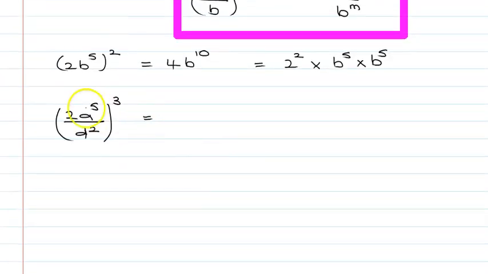So let's do the numerator. 2 cubed is 8. And then a is the base to the power 5, a to the power 5 raised to the power 3. Using that raising a power of power law gives me a to the power 15. Divided by, now I've got d squared, d is the base, d squared, 2 times 3 is 6, so I'm left with d to the power 6.